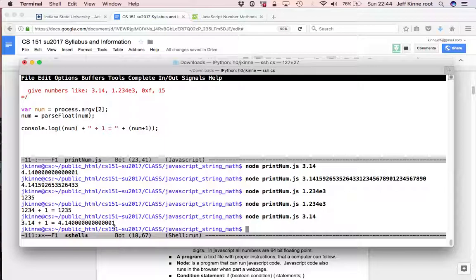So the reason is that in the computer the numbers are stored in binary as bits. These numbers here, we're writing them out as decimal in base 10, and 4.14 has 3 digits, right? So 4.14, the number, has 3 digits in base 10.